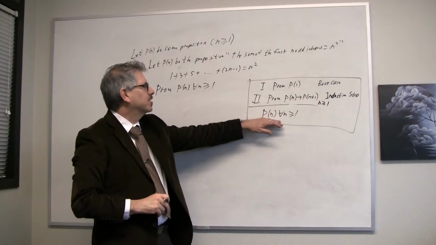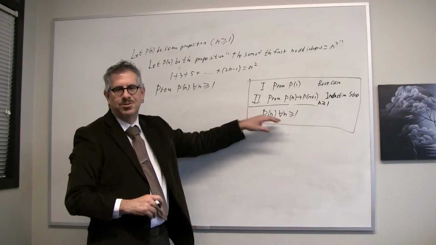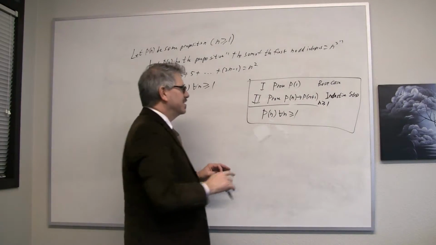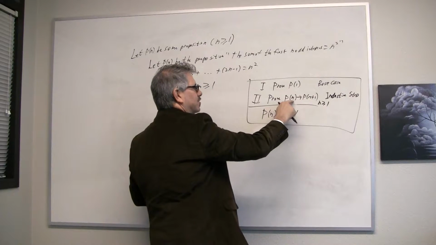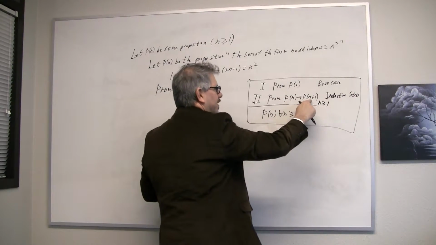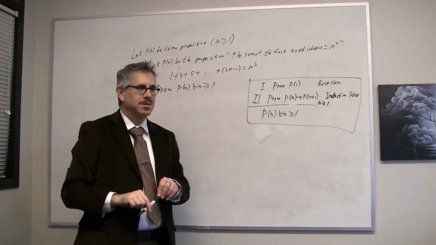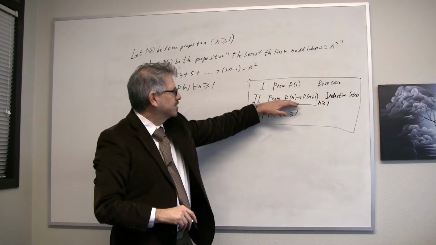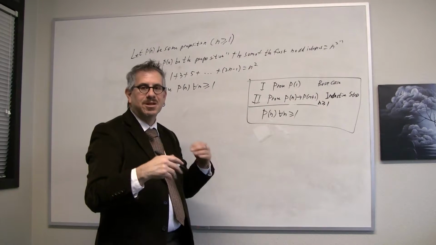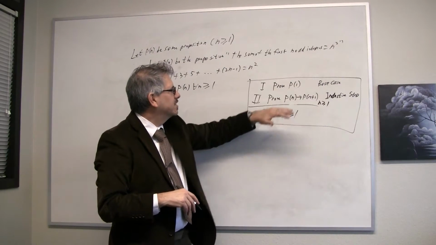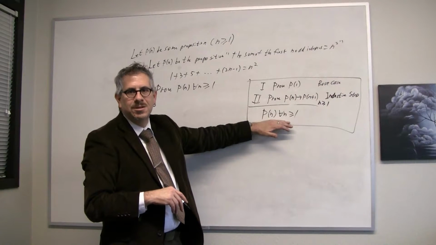This is a much stronger statement. This is saying Pn is true for all values of n bigger than or equal to 1. This is saying if P is true for this value n, then it's true for the value n plus 1. It's a much weaker statement. But this is usually easier to show than this. Mathematical induction says if we can show this weaker statement plus a base case, then we can conclude this is true.